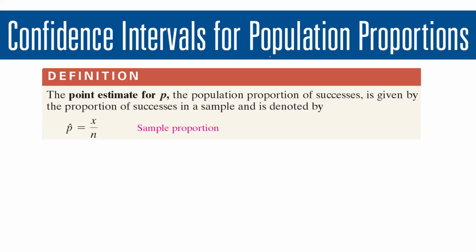The confidence intervals for population proportions. The point estimate for population proportion, which is the population proportion of successes or the number of yes, is given by the proportion of successes in a sample and is denoted by p hat, which is x divided by n.